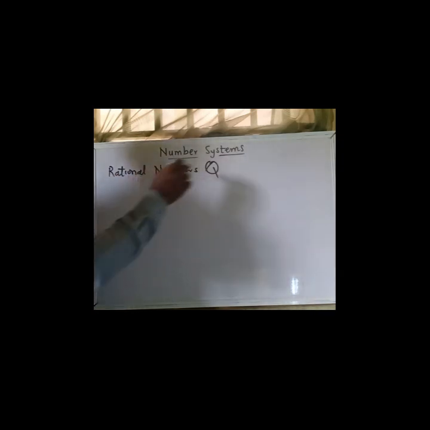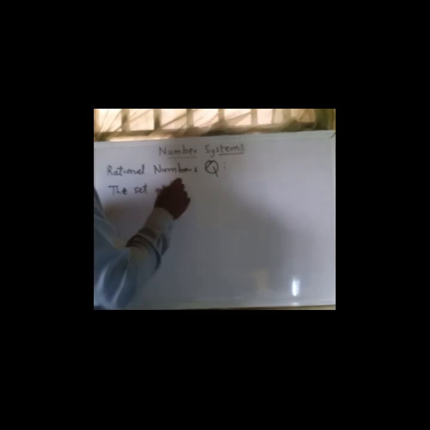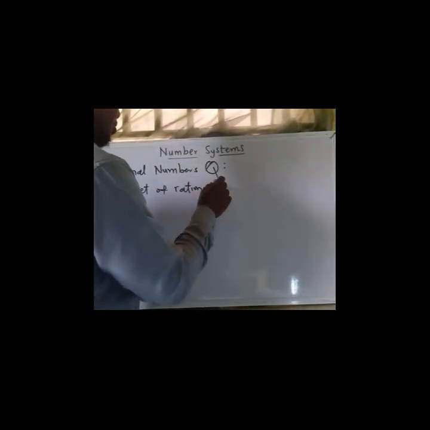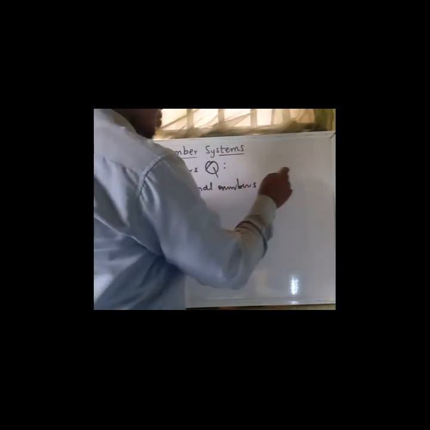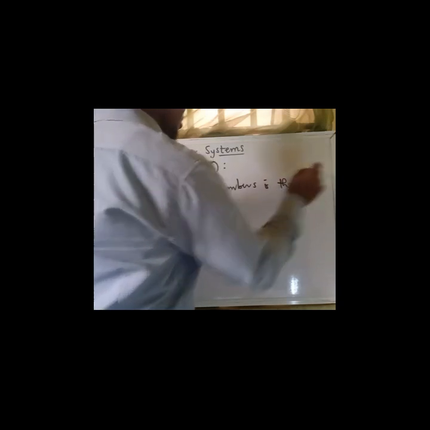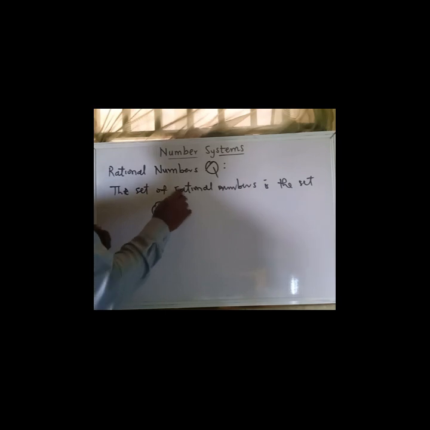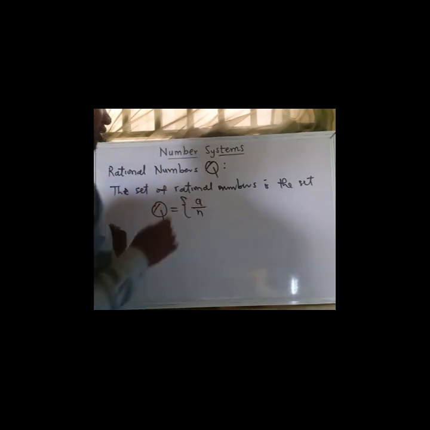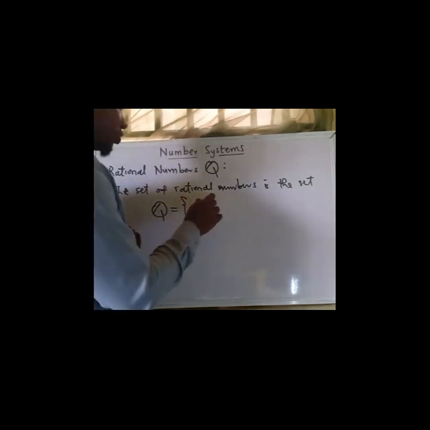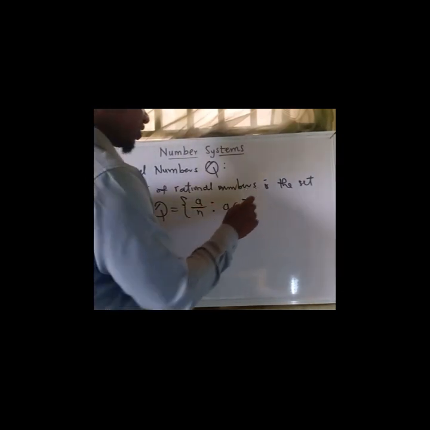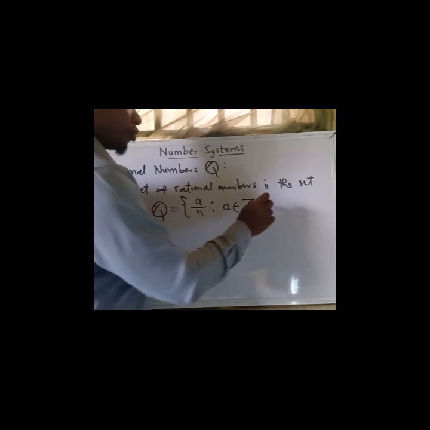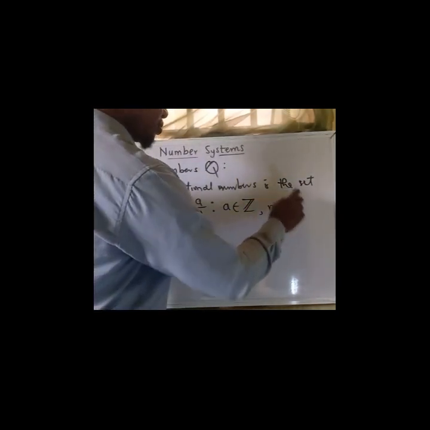This Q is defined as a set given as A divided by N, such that this A, which is the numerator here, is an integer, while the denominator N is a natural number.